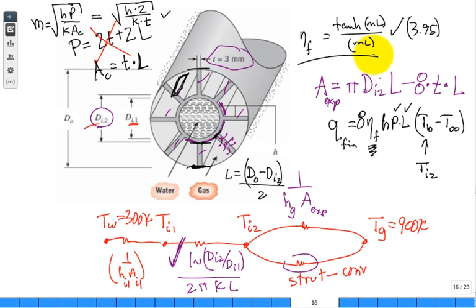Now, when I did the calculations for this problem, I calculated a fin parameter M being 36.5 something additional digits in inverse meter. Oh, you already solved this problem. Wow, you're fast.